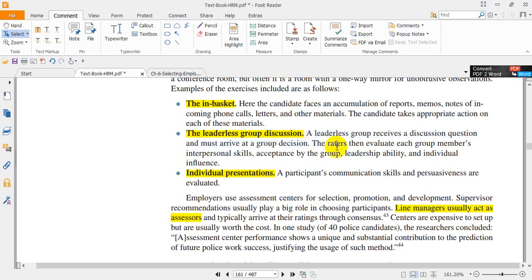The rater or assessor, the employer, then evaluates each group member's interpersonal skills, acceptance by group, leadership ability, and individual influence. Individual presentation tests a participant's communication skills. In this form we need to evaluate the communication skills and other skills.